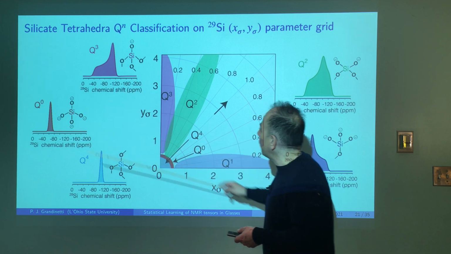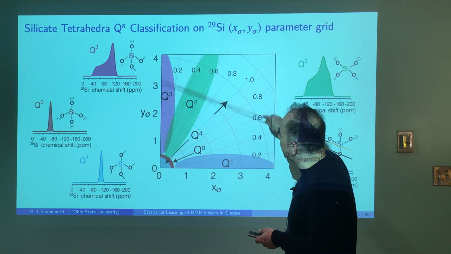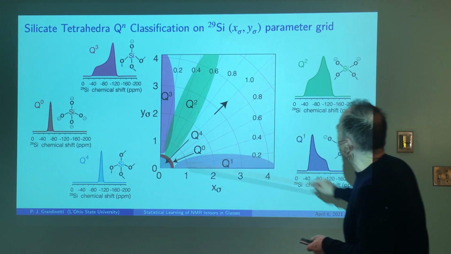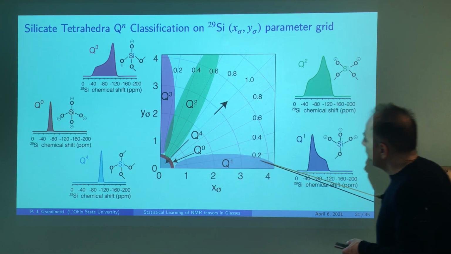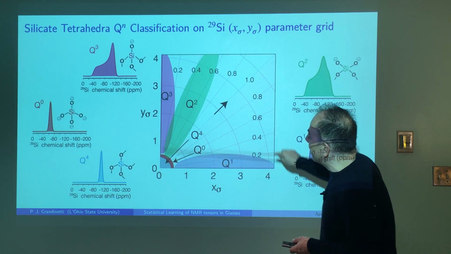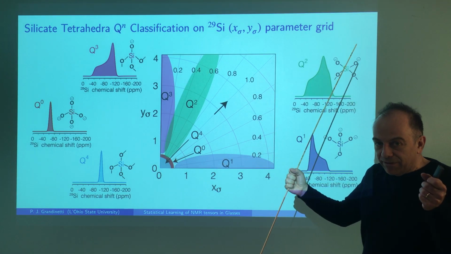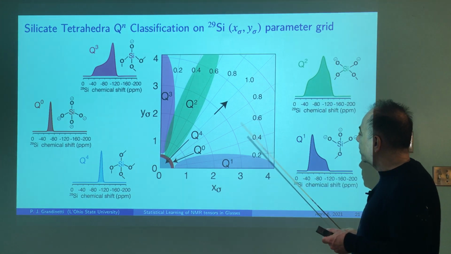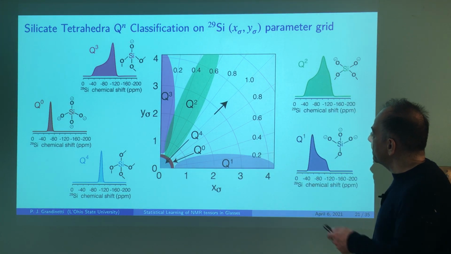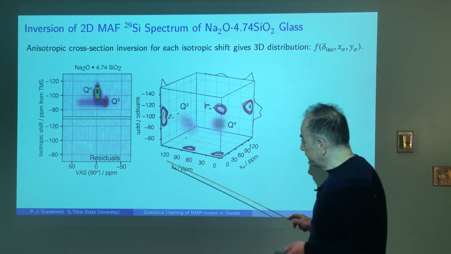The Q3, which has the positive anisotropy, shows up over here. The Q2 will show up in this region here, and the Q1 will show down here. How far they extend out in this direction depends on how much of a deviation there is between the bridging and non-bridging oxygen bond lengths. So that's where we expect things to lie.